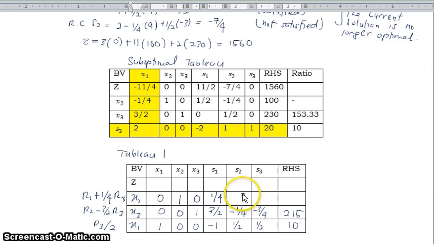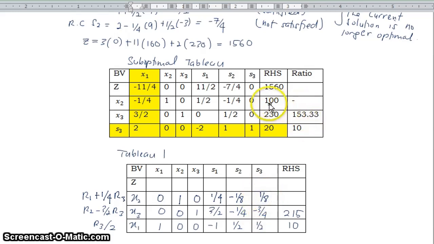And for S2, -1/4 plus 1/4 times 1/2. It is equal to -1/8. S3, 0 plus 1/4 times 1/2. We get 1/8.